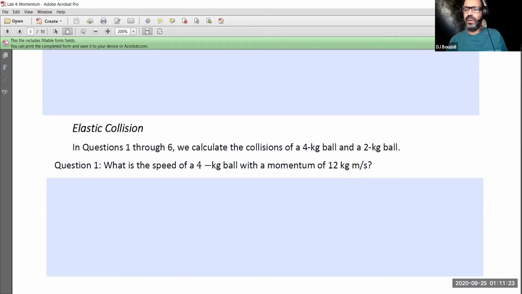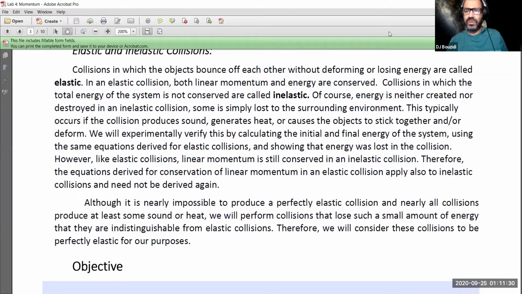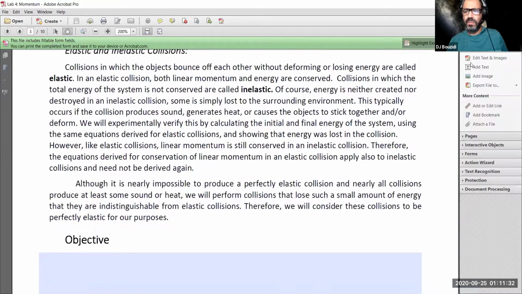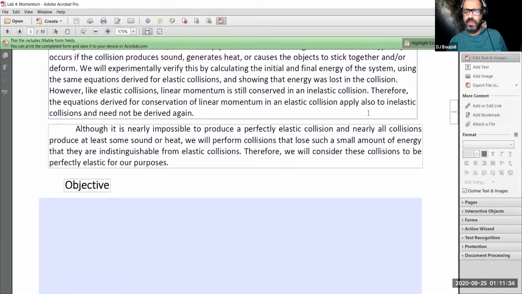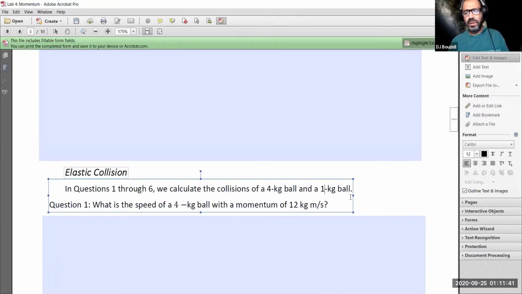Let's fix that quickly. Can you guys fix that from your end too? It's a 1-kilogram ball. It should not really matter for this one, honestly.